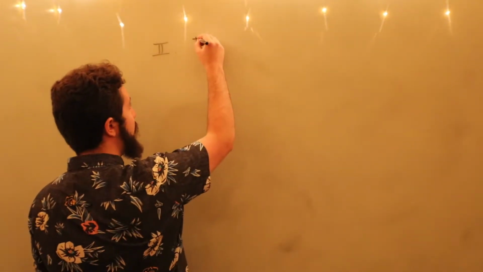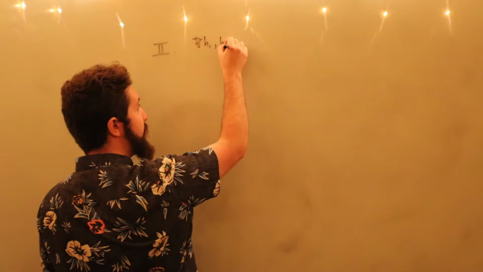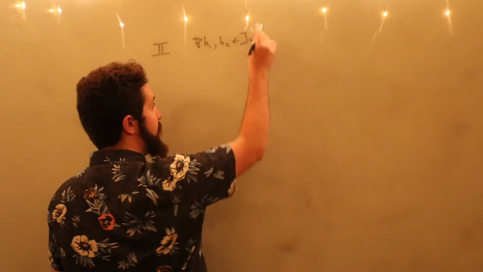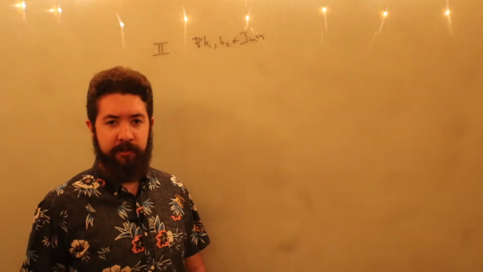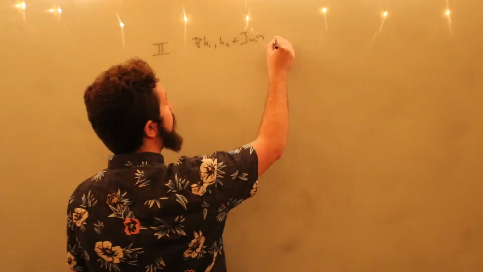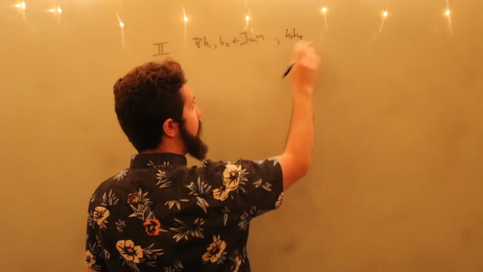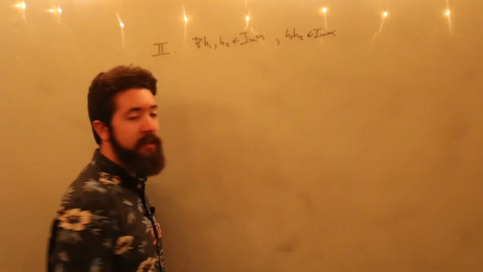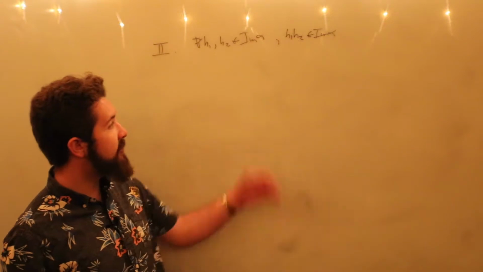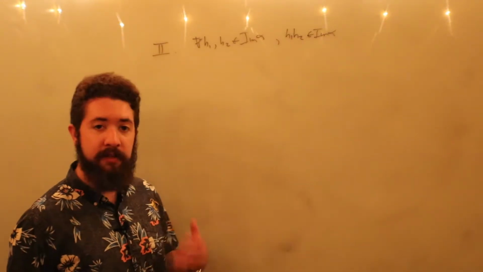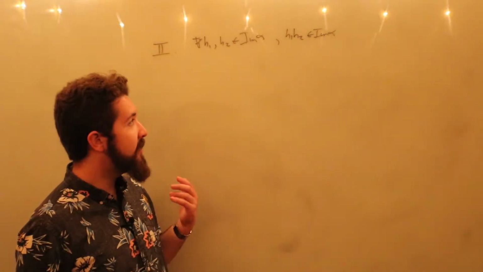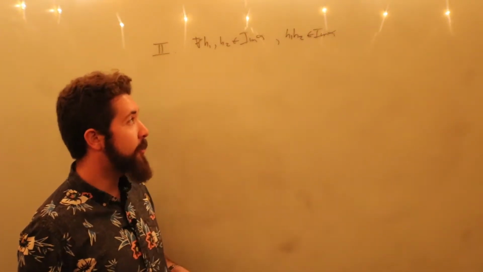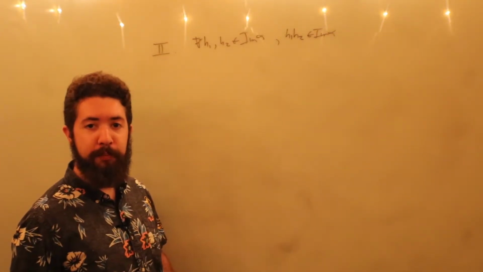So for all elements, we'll call them h1 and h2, in the image of G under alpha, which we also know as H, it's going to be true that the product h1 times h2 is also going to be in the image of alpha. You can think of this in two different ways. This is always true because the image is a group, or because in this case the group H is the group image, so it's still going to be true.